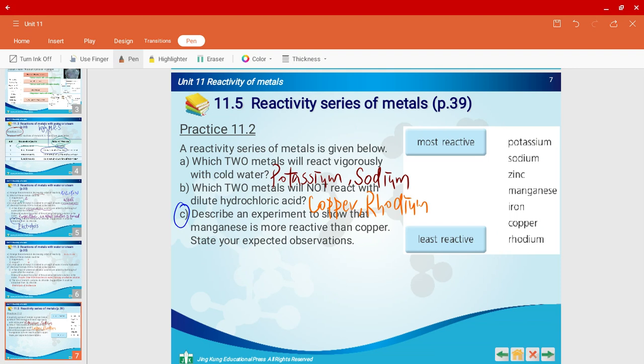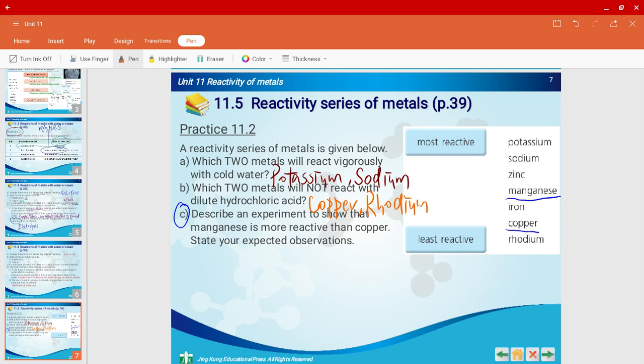Finally, question C. Describe an experiment to show that manganese is more reactive than copper, and then state your expected observations. So now I need to make an experiment to prove that manganese is more reactive than copper. How can I show that?